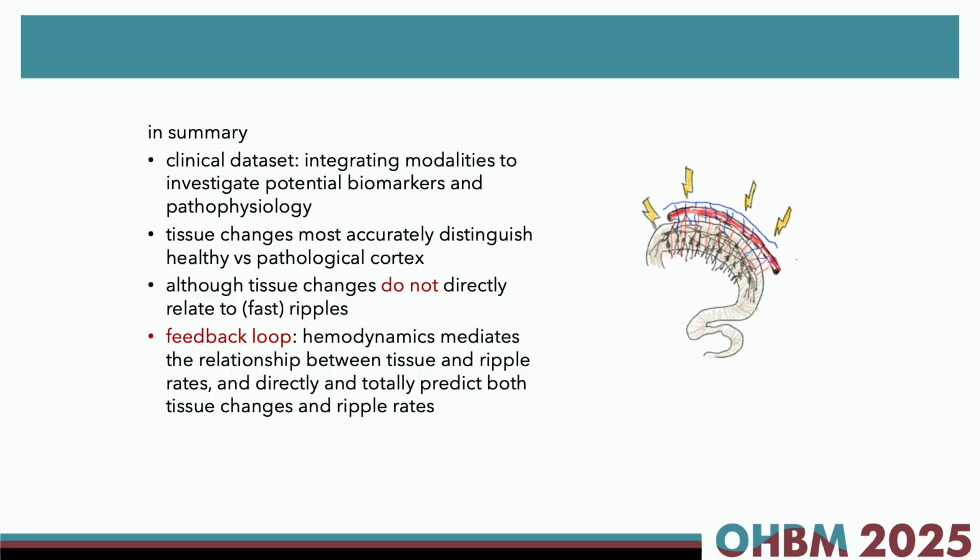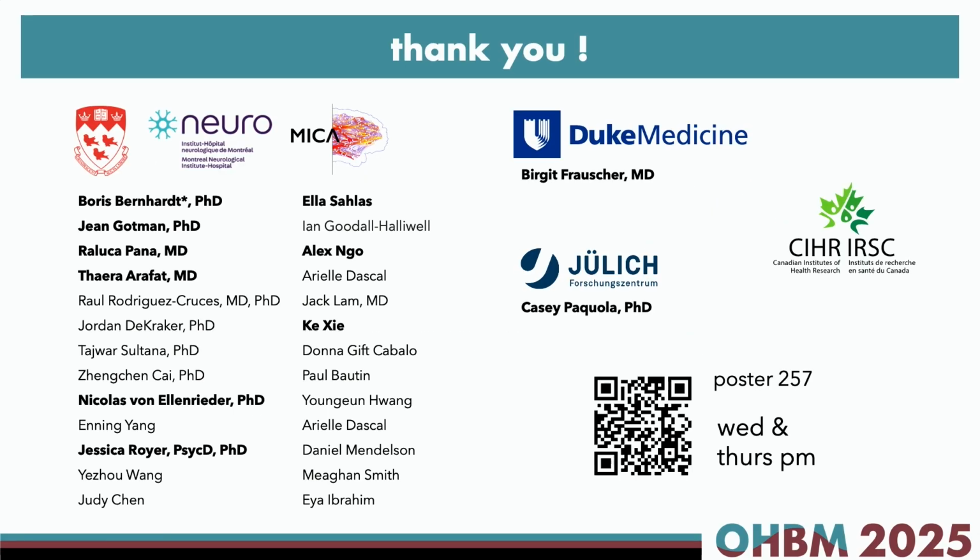And with the mediation analysis, we found this feedback loop that really put hemodynamic factors in the mediator role in the relationship between tissue and ripple rates, which directly and totally predict both tissue changes and ripple rates.